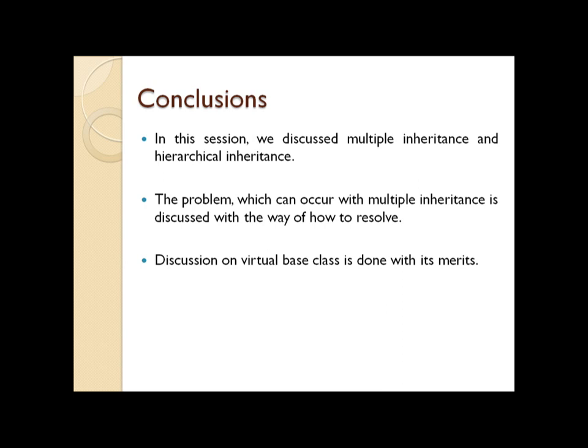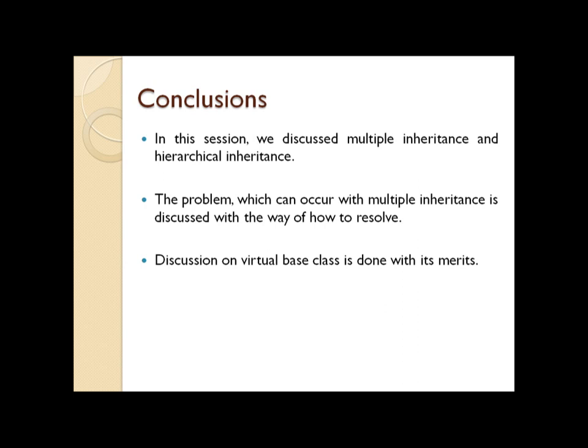We simply place the scope resolution operator after the class name, before the name of the function. The statement tells the compiler that specifically we are interested in using this function from this particular class. Secondly, we discussed the virtual base class. It resolves the problem of class ambiguity, and in order to achieve the feature of virtual base class, we simply make the base class virtual.